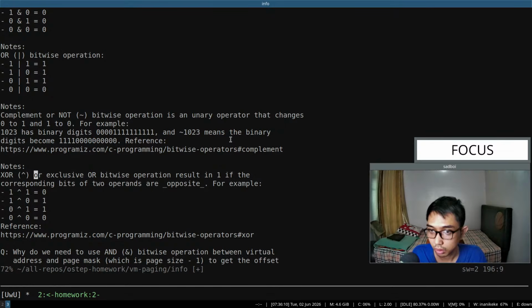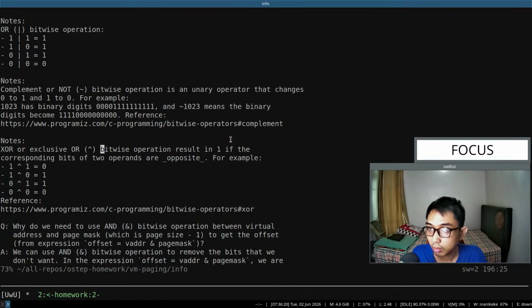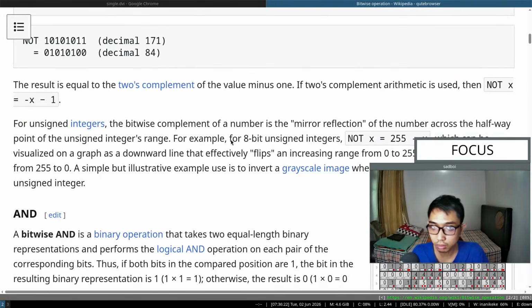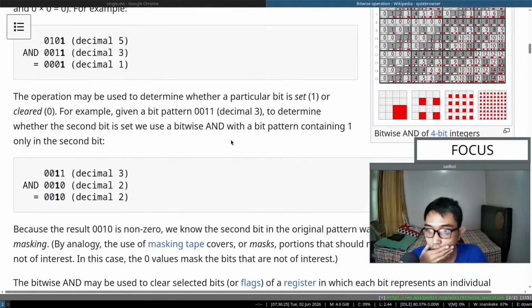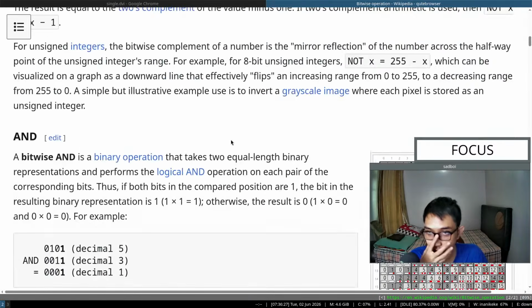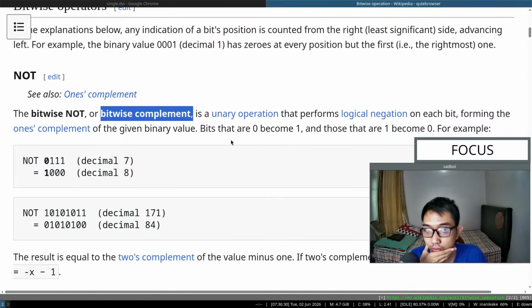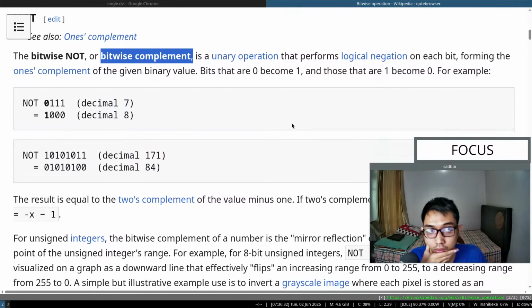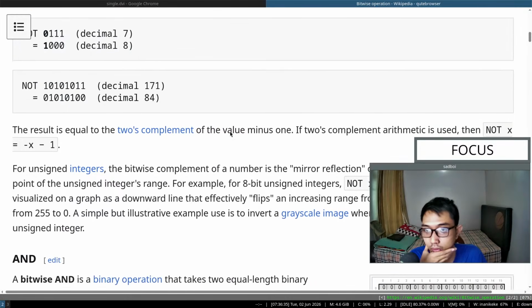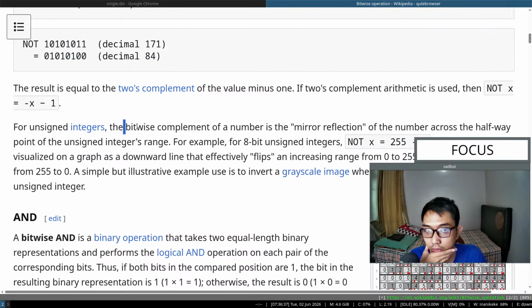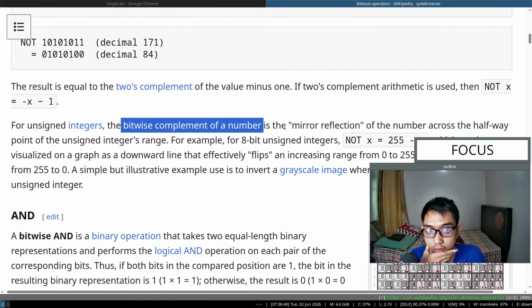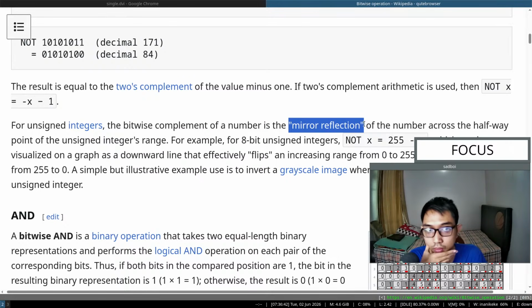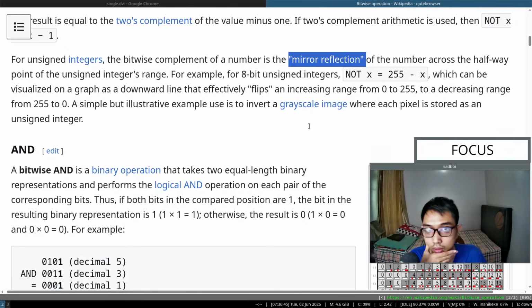Maybe I should put this in here. Okay. Is the mirror reflection okay?